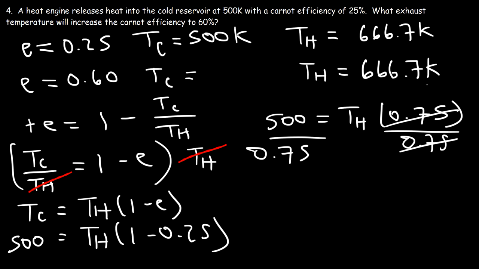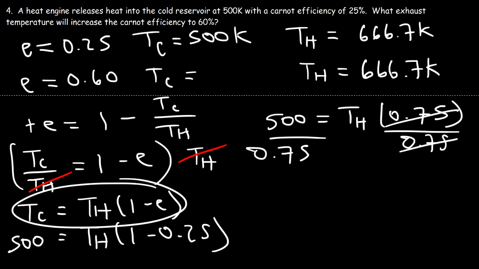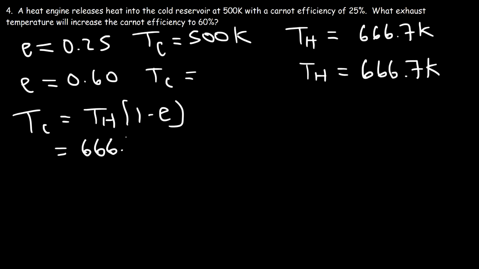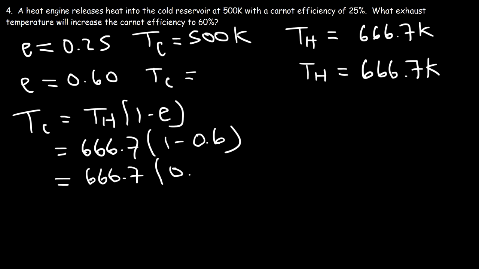Let's calculate the new cold temperature using this formula again. So Tc is equal to Th times 1 minus E. So Th is 666.7 Kelvin, and the efficiency is 0.6. So 1 minus 0.6 is 0.4. So we need to multiply 666.7 times 0.4. And so that's going to be 266.7 Kelvin.